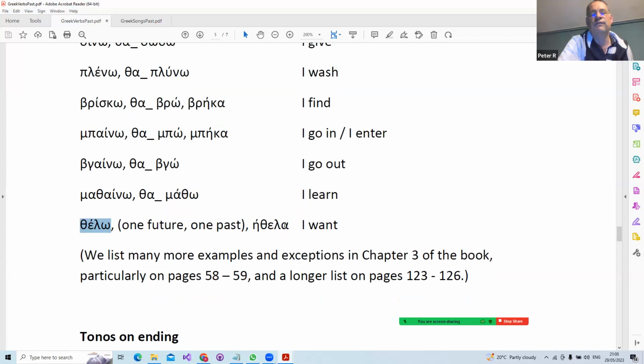A kind of conditional version of it would be θα ήθελα. So if I'm ordering a Freddo cappuccino, Freddo παρακαλώ. Say that again. Θα ήθελα. And Freddo παρακαλώ.